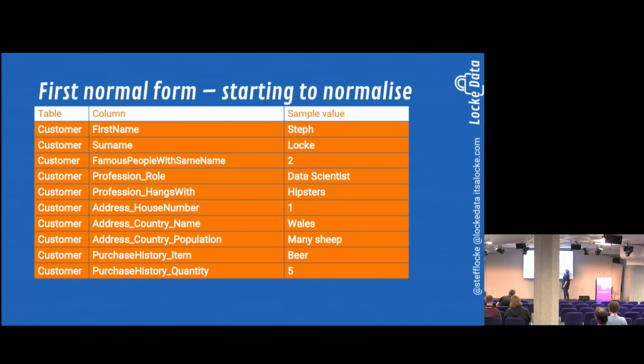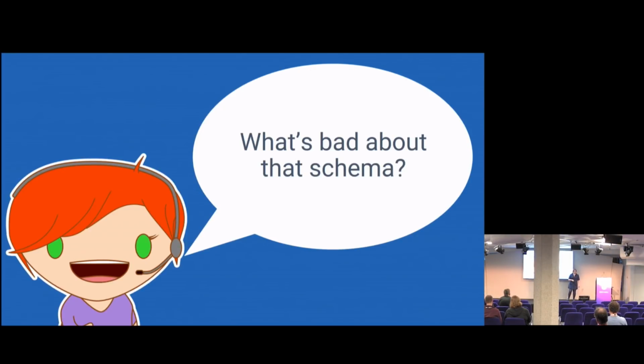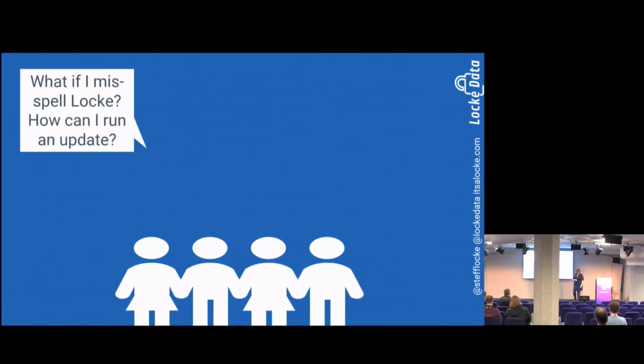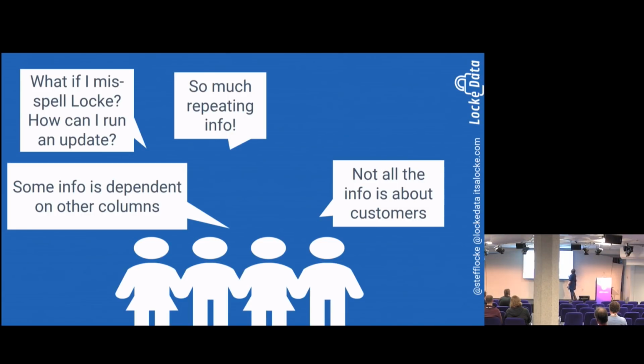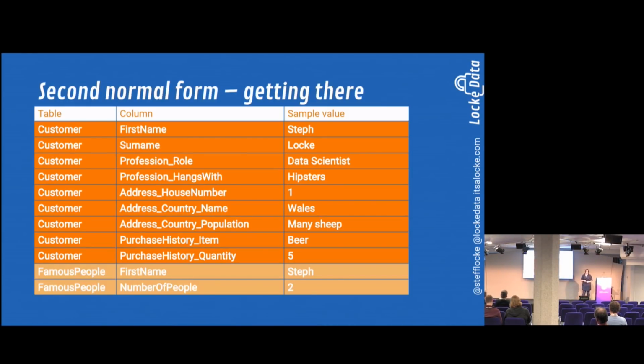Now, the nice thing about this is our customers can have unlimited purchases, but there's still a load of our problems. So we got through one of our problems, which is the purchase limit. But we still have a whole bunch of issues. So maybe second normal form will solve it for us. Second normal form involves no partially dependent information.